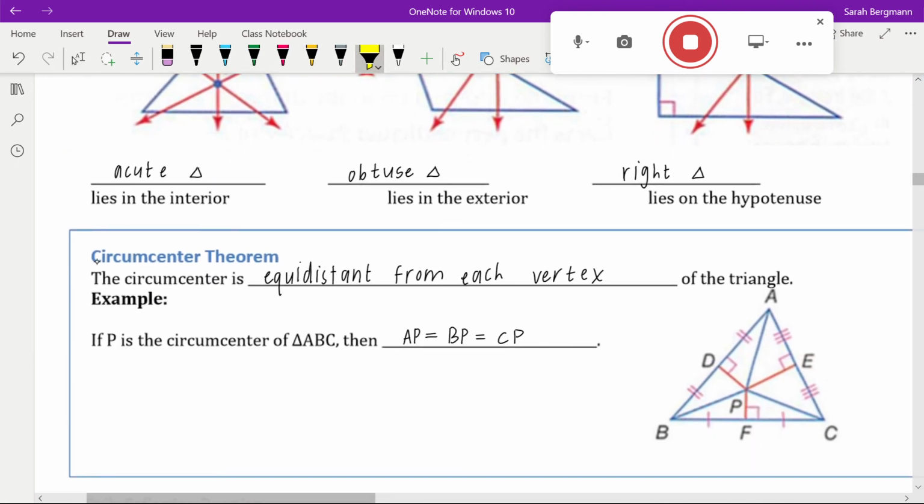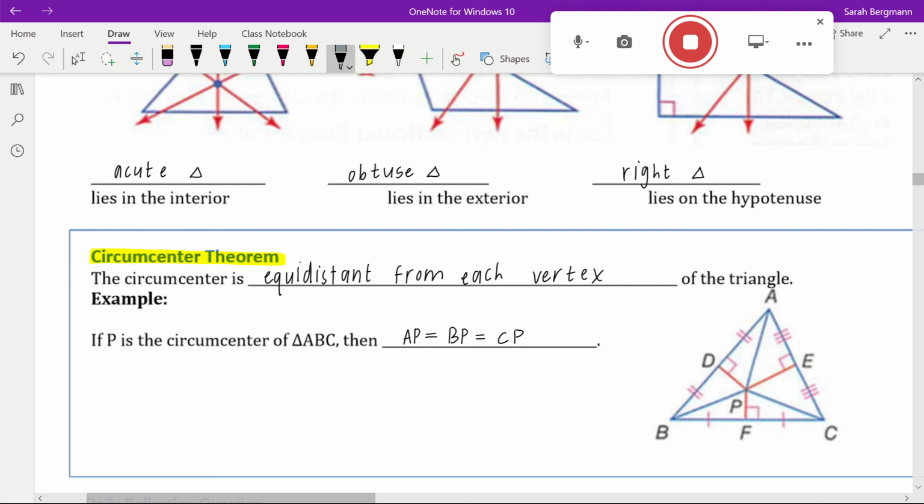We also have a theorem called the circumcenter theorem. It says that the circumcenter is equidistant from each vertex of the triangle. So that means that if this point P is the circumcenter, it's the same distance from each vertex of the triangle.